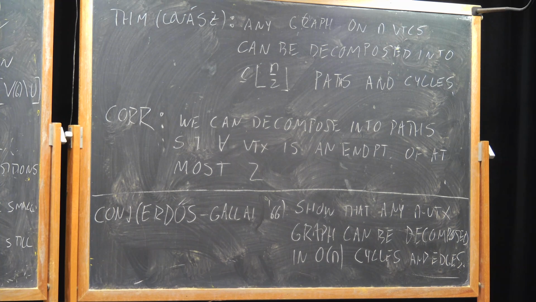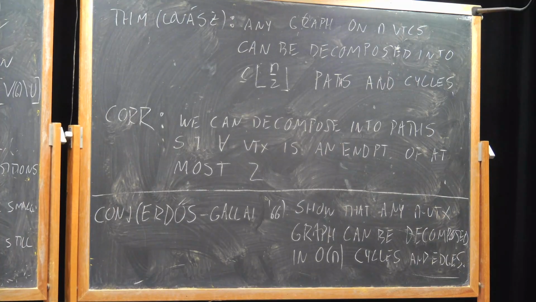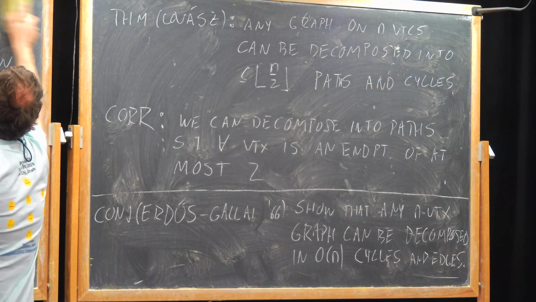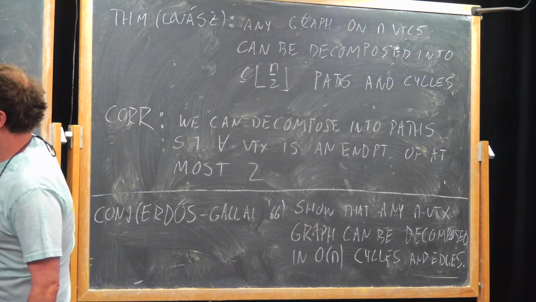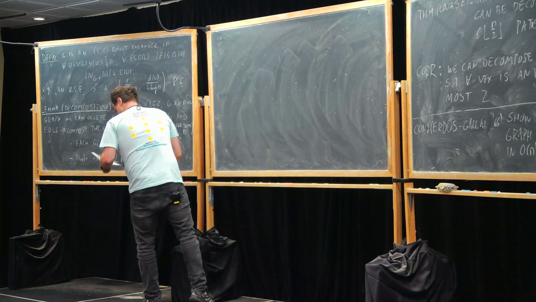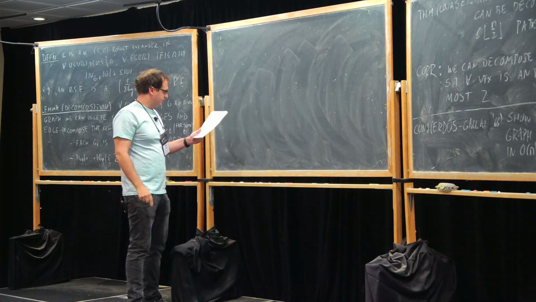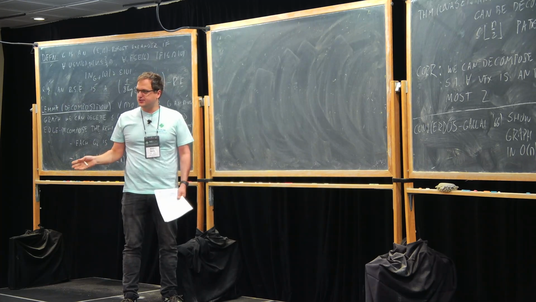So let me keep the left board alive for now, and I'll tell you what we know. As an exercise for you, prove that you can do it with n log n cycles and edges.